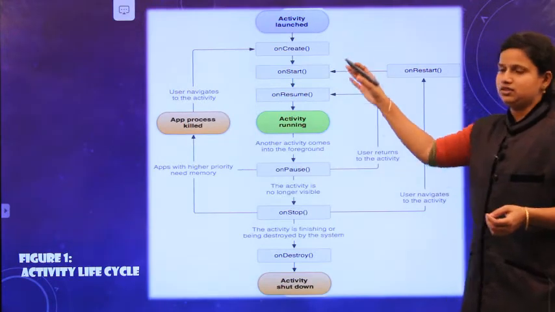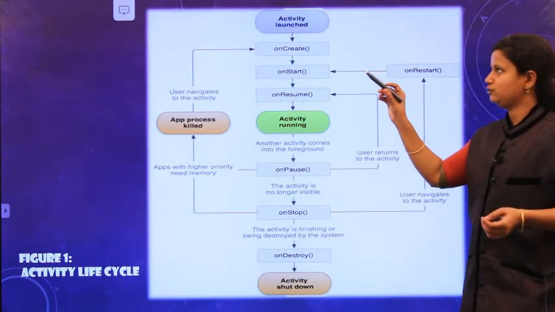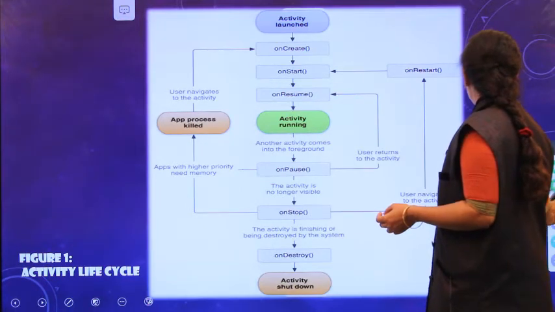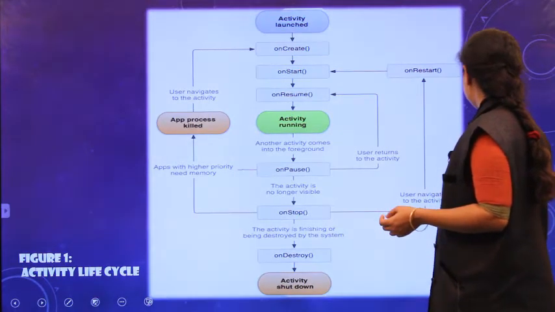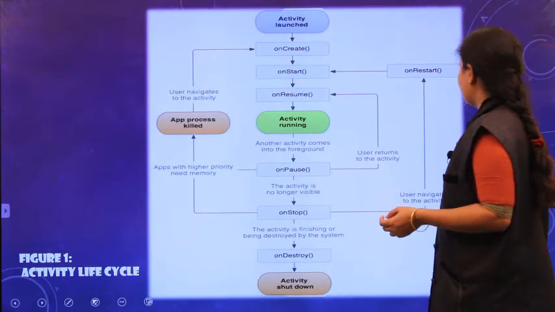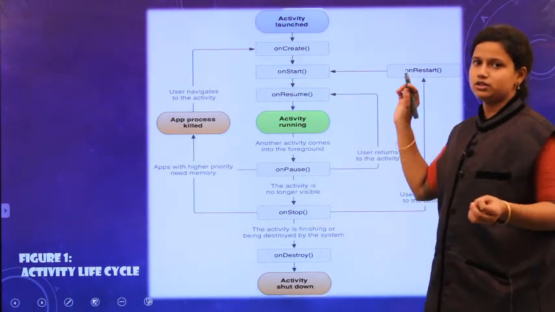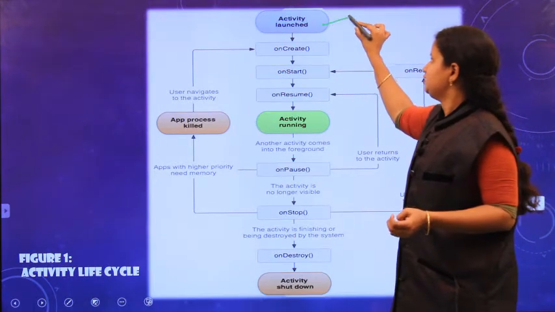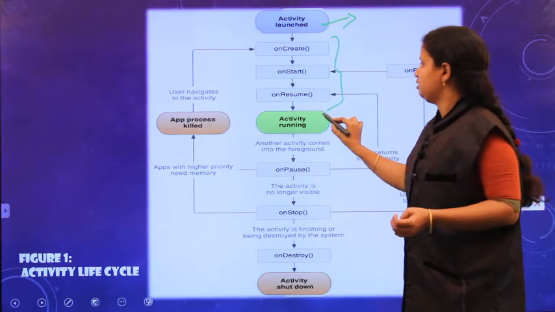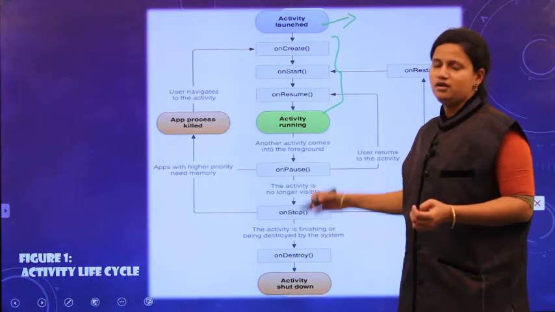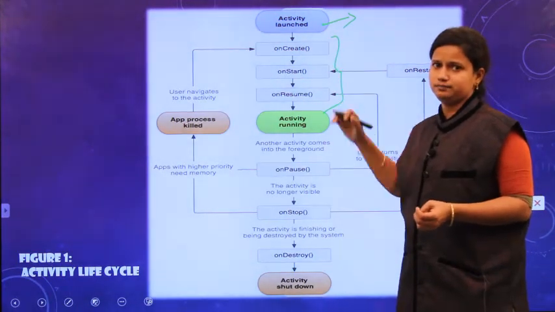When you look at this, the first thing is activity launched. That means you are opening your application, you have just launched the application. In this situation, it will call 3 methods. What are the 3 methods? onCreate, onStart, and onResume. What is the meaning of these 3 methods?